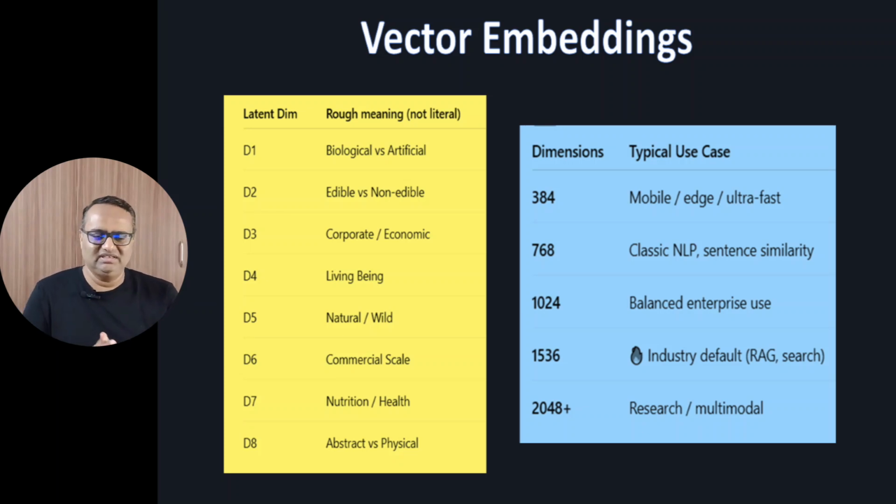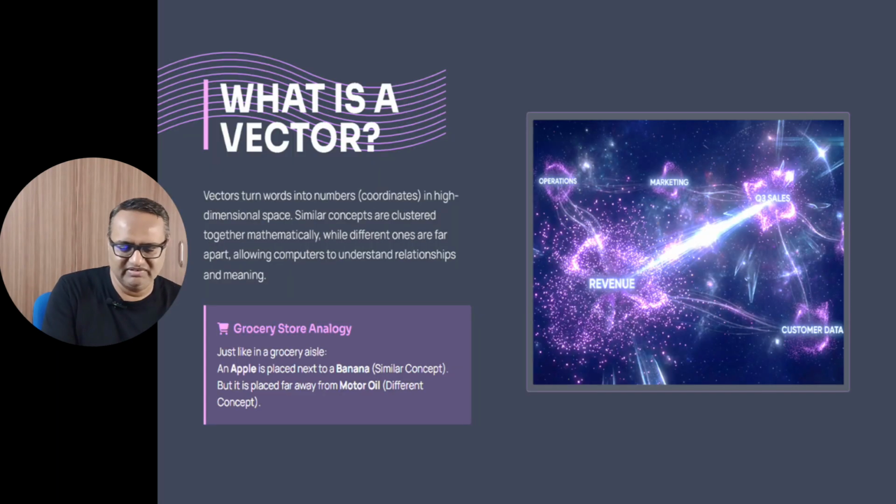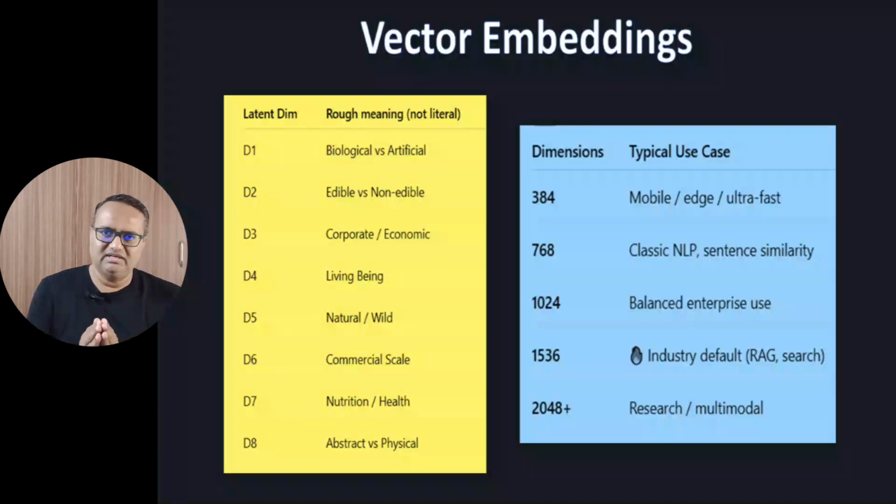That's why the diagram is given like this, since it's difficult for a human brain to visualize how it is stored. Each word, statement or chunk contains 1536 dimensions, stored together based on the meaning of the chunk. That is how data is stored in a vector database.